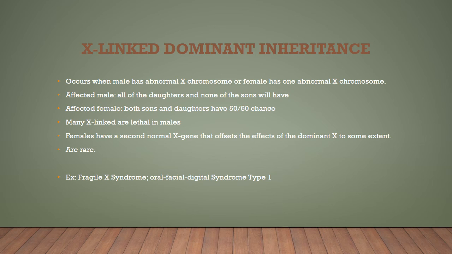And these are very, very rare. Examples that you may hear of in pediatrics with this are Fragile X syndrome, and then this was a new one I saw when I was looking up items: oral facial digital syndrome type 1. It should be named after some person. I don't know why no one named that after themselves, but it's a descriptive name, oral facial digital syndrome type 1, and that gives you an idea of what's affected in the patient that has that.